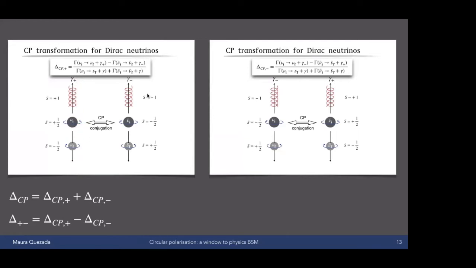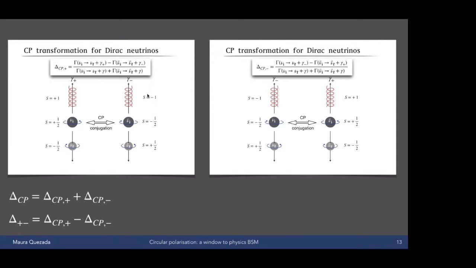The neutrino decays to another neutrino and a photon, but the angular momentum along the z-axis has to be conserved. So the only way that they can decay is to a neutrino with minus 1/2 spin and a plus 1 photon, which is the positively polarized photon.